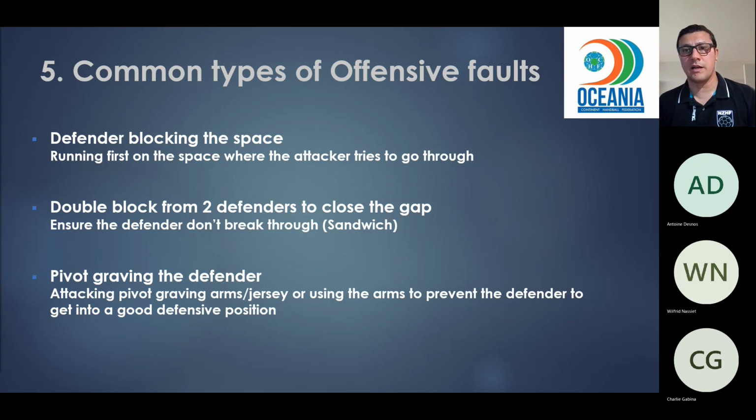The third one, which is very common as well, is the pivot grabbing the defenders: blocking the defender with the arm, or delaying the defender with the arm or the leg so the defender doesn't get to a good defensive position.